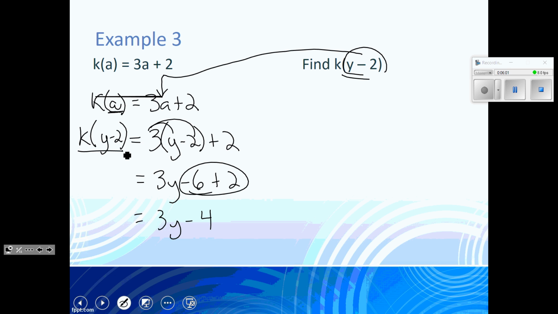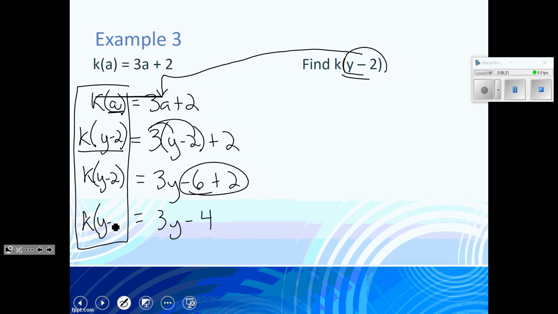Someone said earlier, so does that mean we work this part out? Do we distribute the k to the y and the k to... No, this part over here is just saying the output. So you can say y, you can say k at a, you can say k at y minus 2: the output when y minus 2 is the input. This is the side you actually plug in and work out.